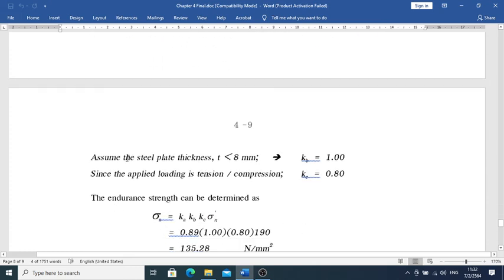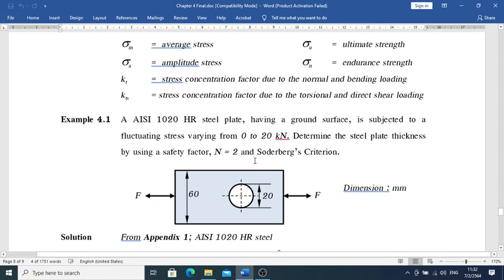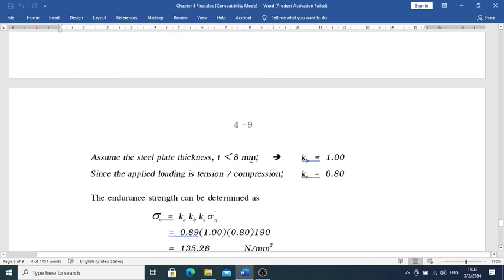So therefore, assume that the thickness is less than 8. The reason is that I see a typical steel plate is, I mean, thicker than 8 millimeters, which is going to be very thick already. So that's why I assume, for reality, it's going to be less than 8 millimeters.